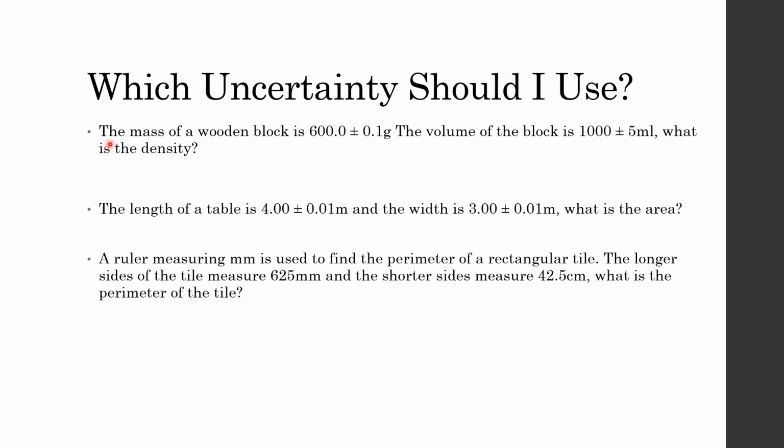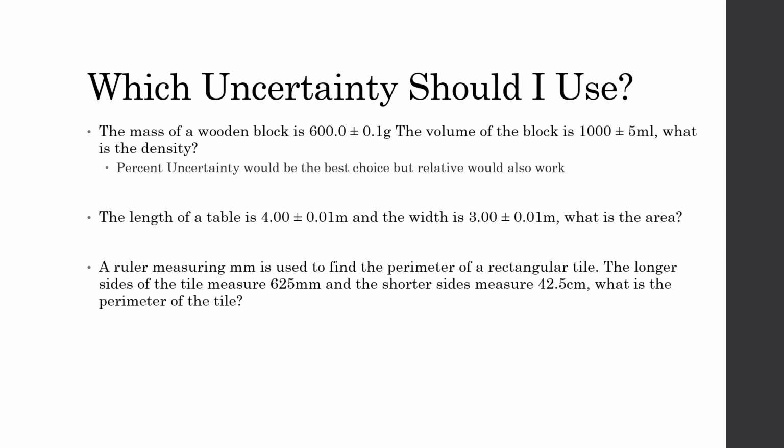So the first scenario says the mass of a wooden block is 600 plus or minus 0.1 grams. The volume of the block is 1,000 plus or minus 5 milliliters. What is the density? So what I want to know is which uncertainty should I use in this instance? For the first scenario, I would choose percent uncertainty, but relative uncertainty would also work.